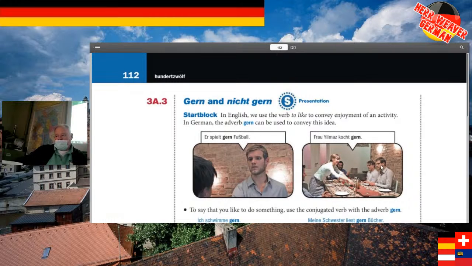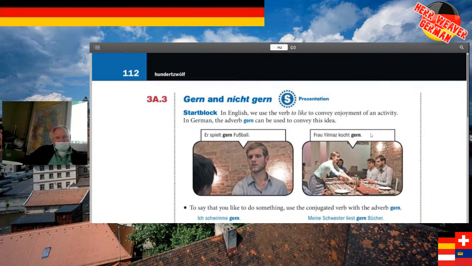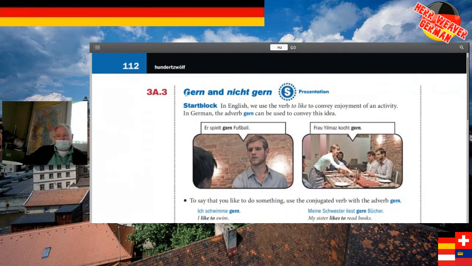Okay, here's the one thing that we did not talk about. This chapter's got quite a bit of material in it, including these adjective endings we haven't talked about since last time. This phrase here, this is something we've never talked about, and that's these two phrases, gern und nicht gern. And this is really something pretty simple with German that takes a little more construction in English to put together.